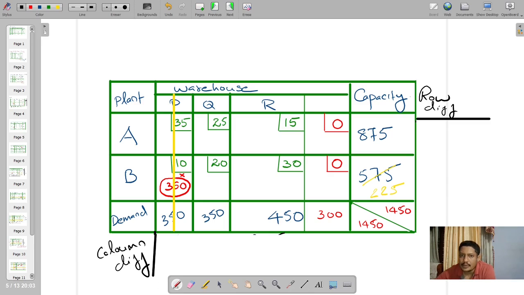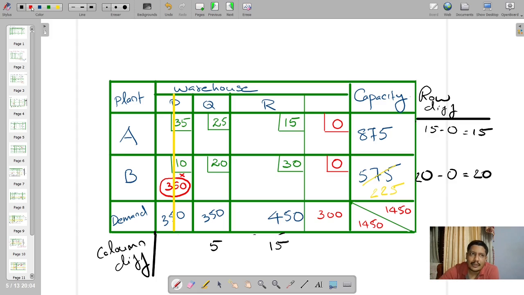It will be 15 minus 0 again here, so the value will be 15. Here it will be 20 minus 0, so the value will be 20. Here it will be 25 minus 20, so it is 5. Here it is 30 minus 15, so the value will be 15.